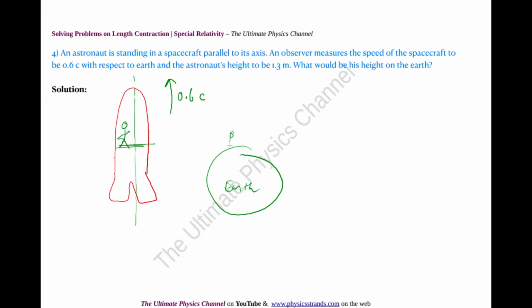Now on the Earth, an observer is measuring the height of the astronaut to be only about 1.3 meters. Now what would be his actual height? That is the question. That means whatever the Earth-based observer is measuring, this height is a contracted height, or contracted length, in our length contraction expression.